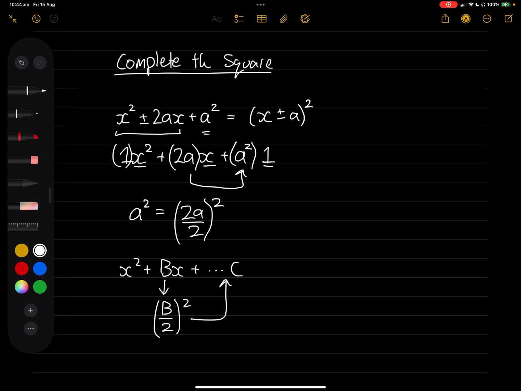That's going to be the term that we add to the end in order to make this a perfect square. Once you've done this, it will always factorize, and it will factorize into the form of 1/2 of the b term. So this will end up being x plus b divided by 2 all squared.